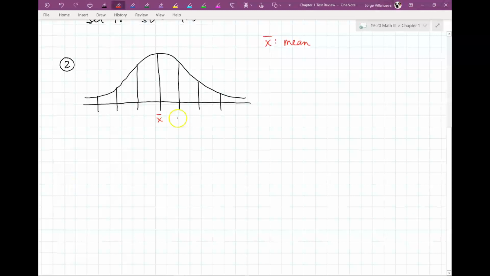So that's mean. This is mean plus SD. Mean plus twice SD, mean plus 3 times SD, mean minus SD, mean minus twice SD, and mean minus 3 times SD. And then I'm going to do this.